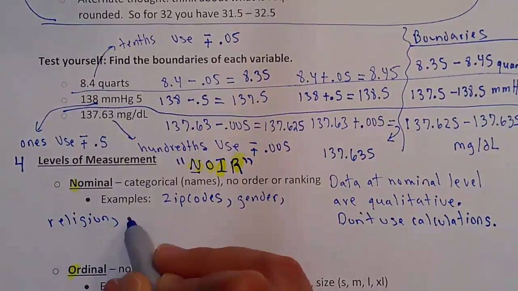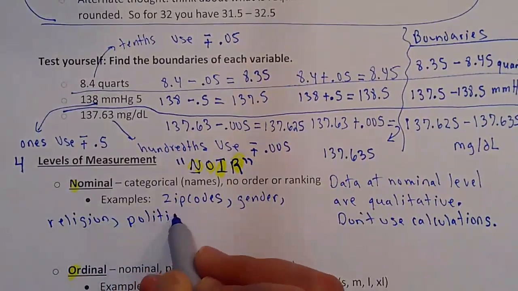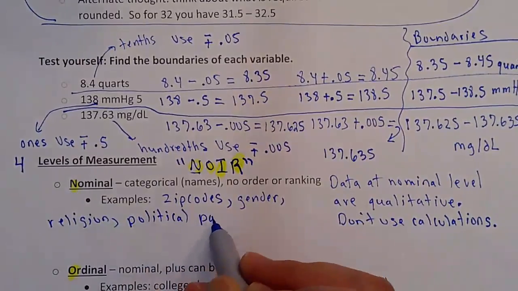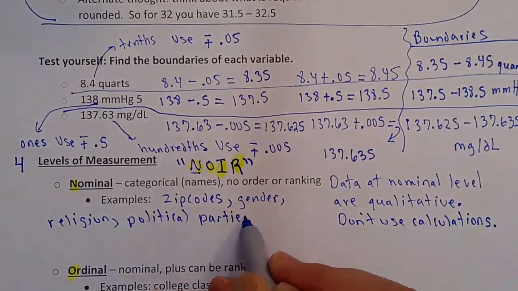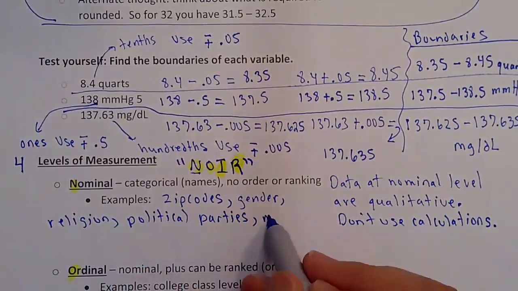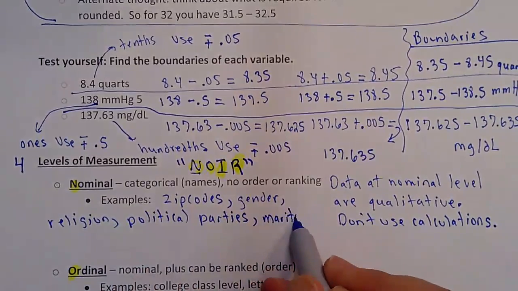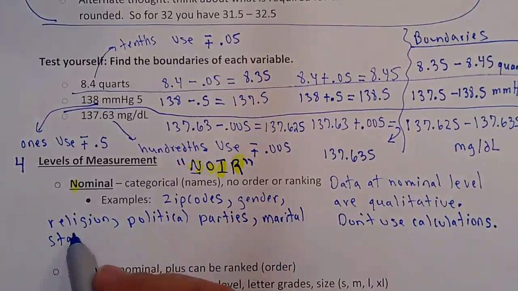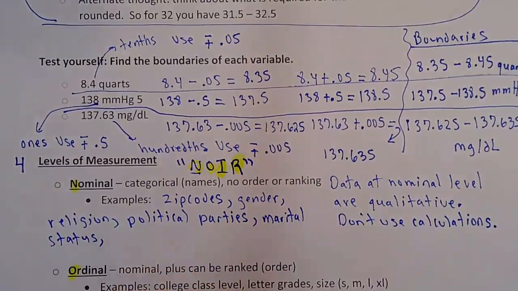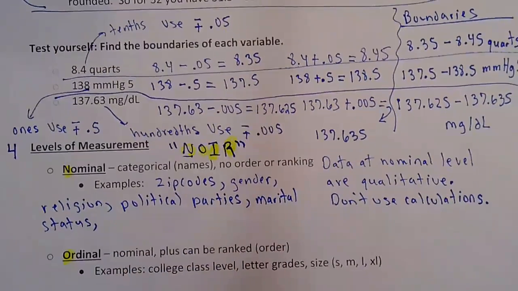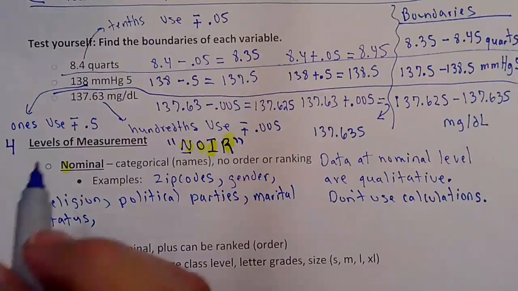And then I have political parties, marital status, so like single, married, divorced, right?